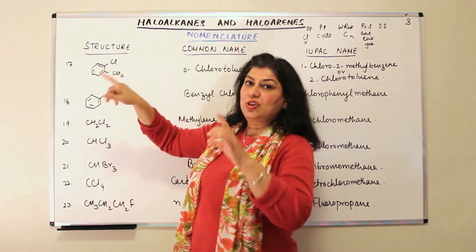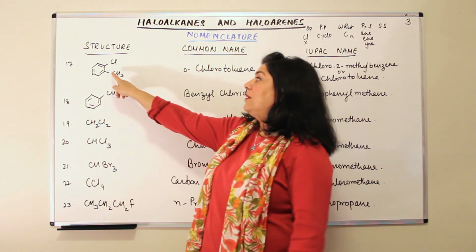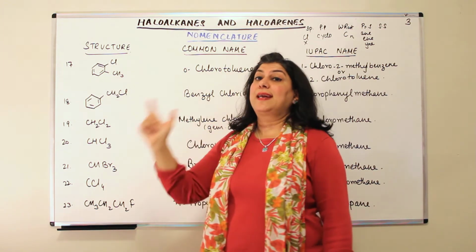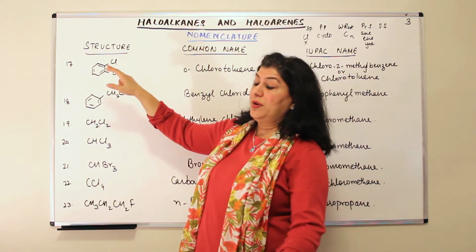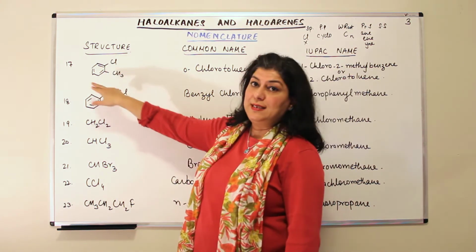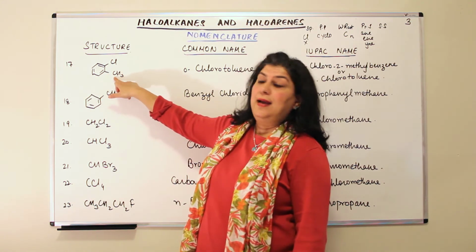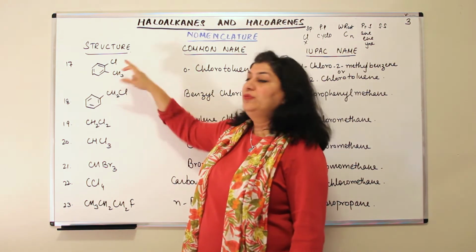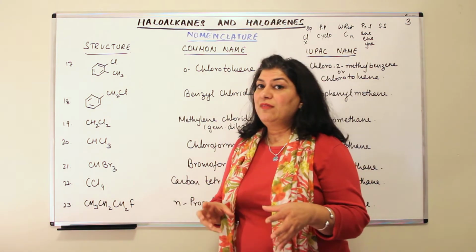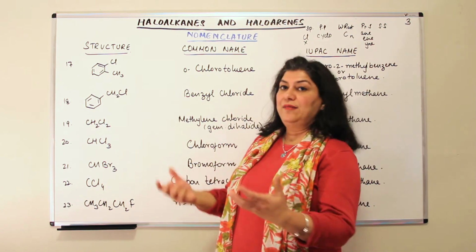The carbon which has chlorine will become the first carbon and the carbon which has the methyl group will become the second carbon. So when we name it, it is a benzene and it is 1-chloro, 2-methyl. And again, when you have to name both of them, chloro is lower in alphabet, so we'll write chloro first and then we'll write methyl.